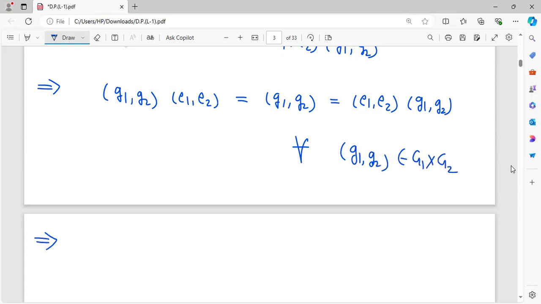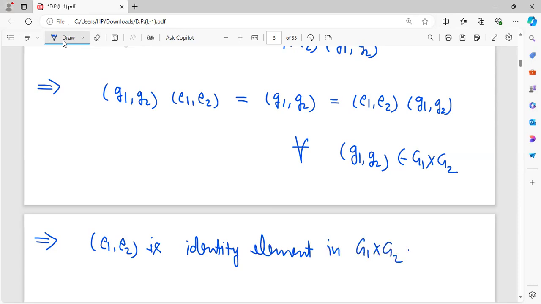So this implies (e1, e2) is the identity element in G1 cross G2. Okay.